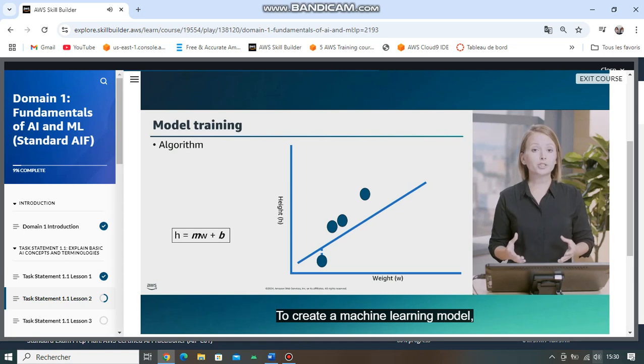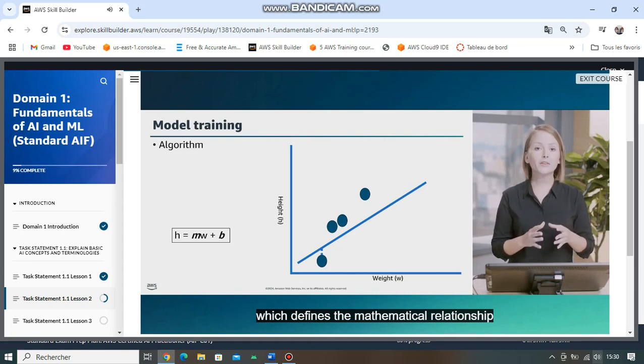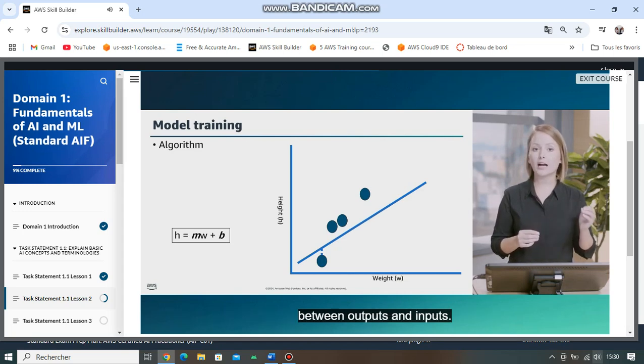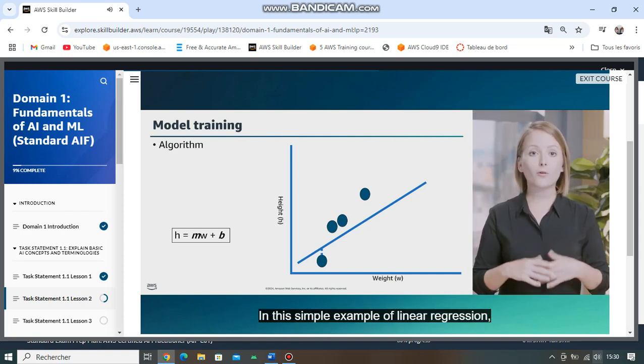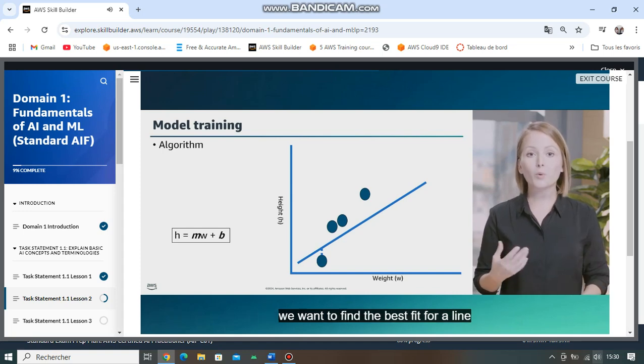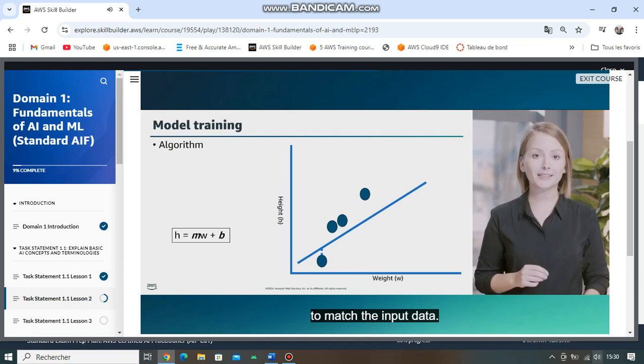To create a machine learning model, we need to start with an algorithm, which defines the mathematical relationship between outputs and inputs. In this simple example of linear regression, we want to find the best fit for a line to match the input data.